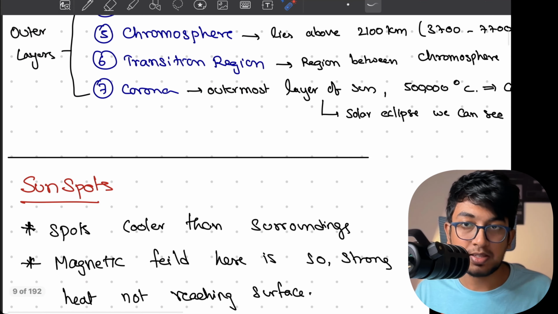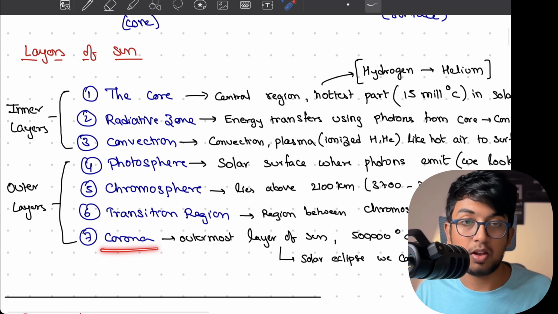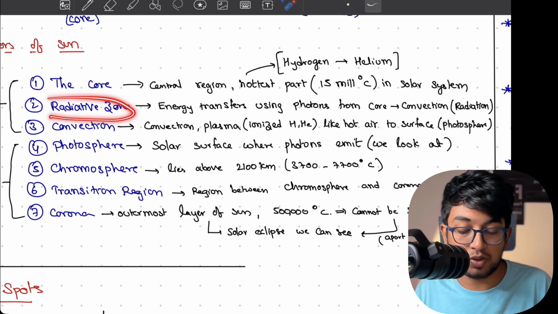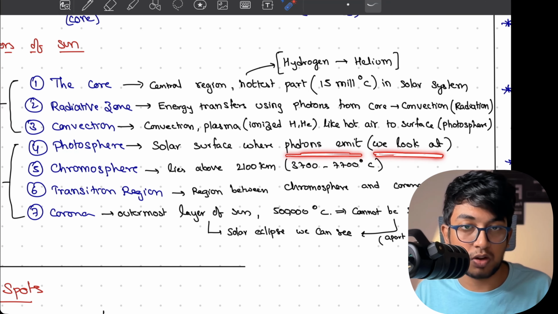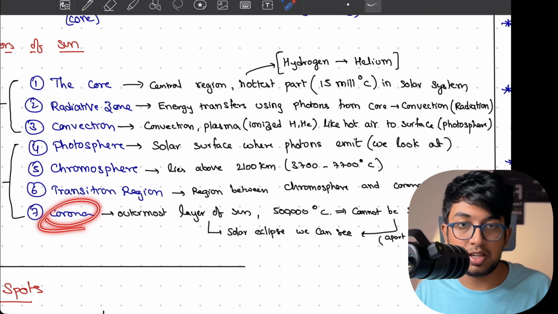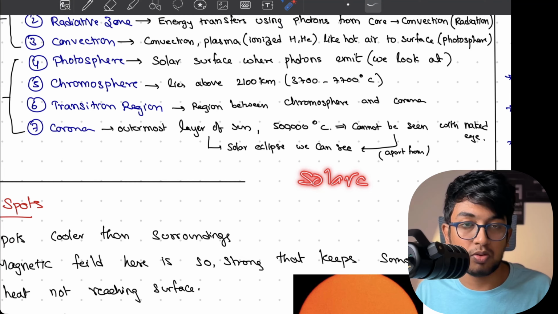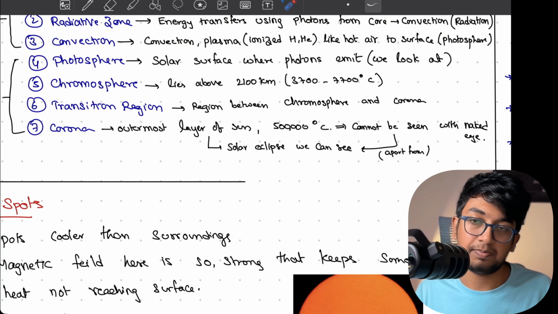That is what happens in the last zone of the sun. So photons come from the radiative zone, will be transferred to the photosphere, and then these photons will be emitted, which is what we look at. But the corona can't be seen, and it can be seen only during a solar eclipse. When the moon covers the sun, there will be a circle outside, that is called the corona.